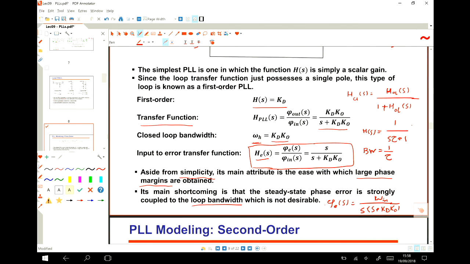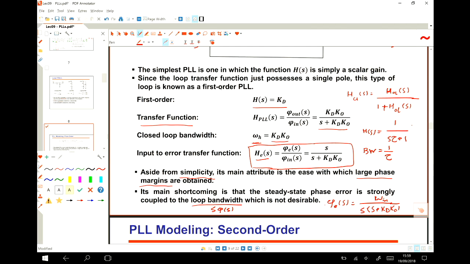So this is the error function. And then the change of the error function, I mean d phi over dt, in Laplace is s phi s.